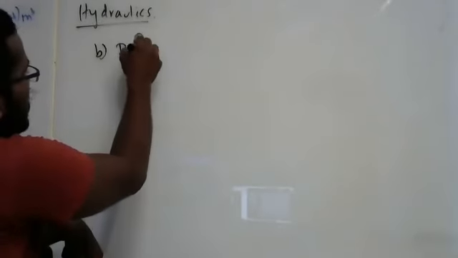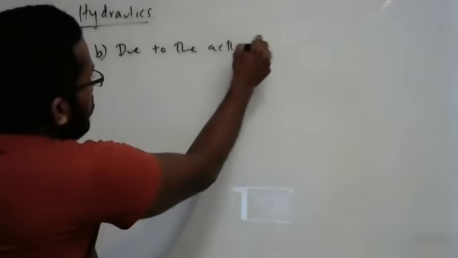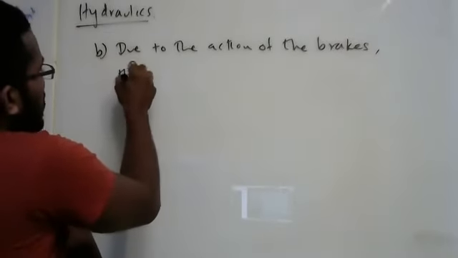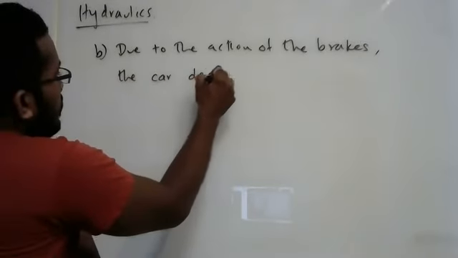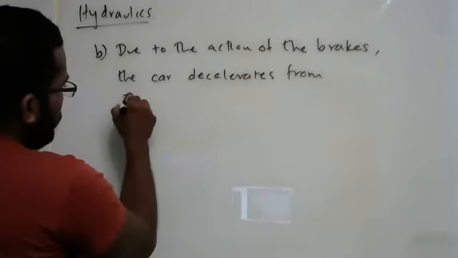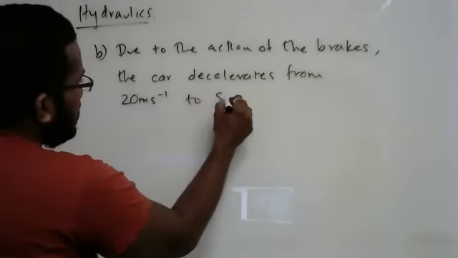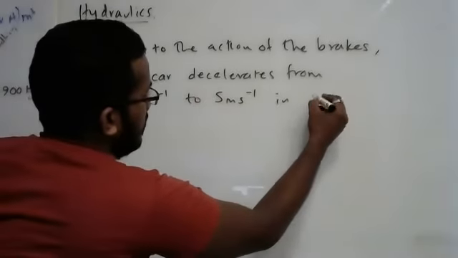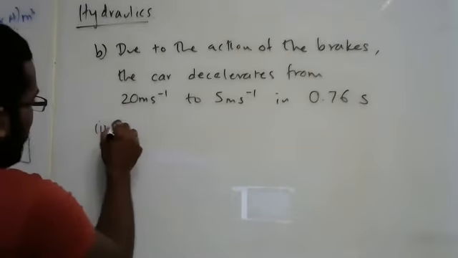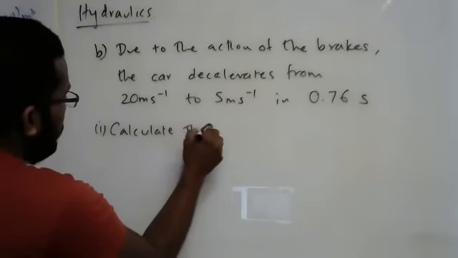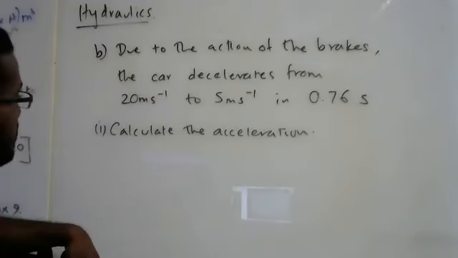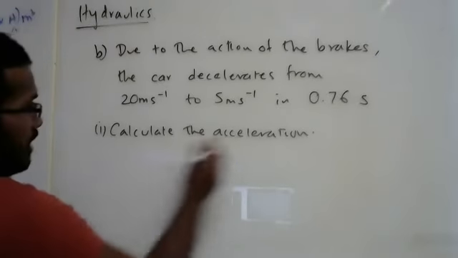Part B: due to the action of the brakes, the car decelerates from 20 meters per second to 5 meters per second in 0.76 seconds. Number one, calculate the acceleration.